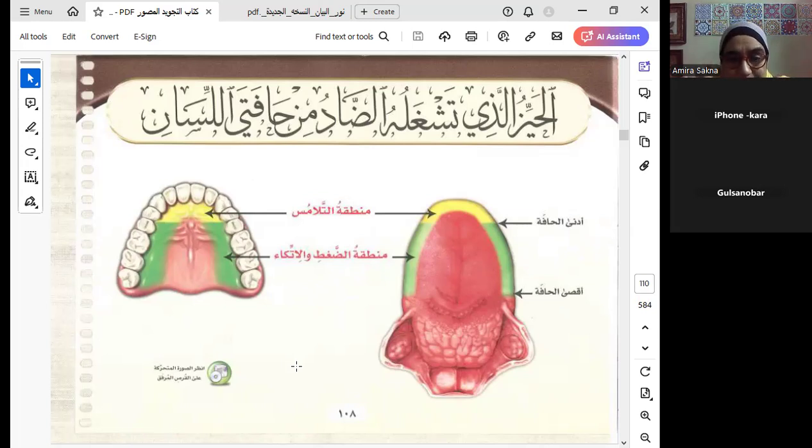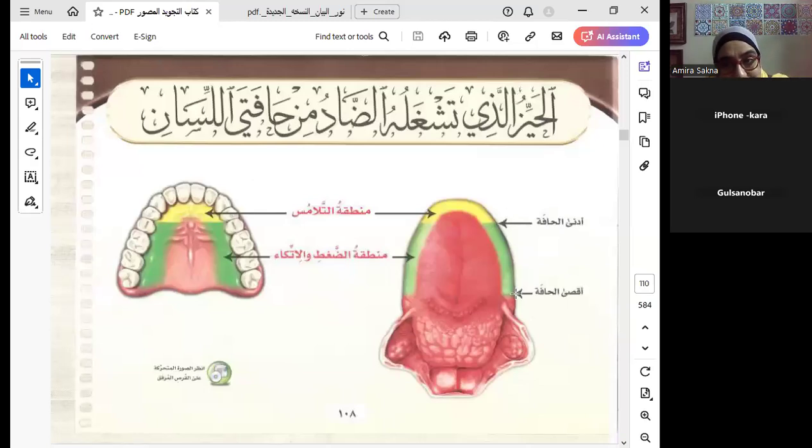What you are going to do, my dear sister, is to press here, the sides from the farthest to the nearest, against the inner part of the upper molars. This is what you are going to do. The sliding will happen automatically. You are not going to make the sliding, or al-istitala. If you press well here, everything after that will happen automatically.